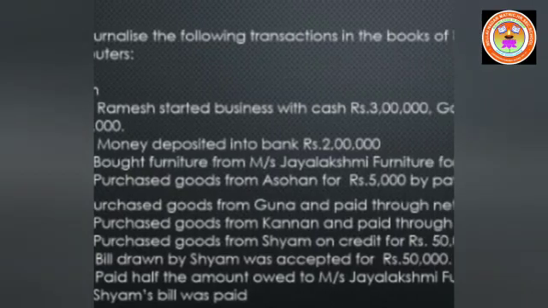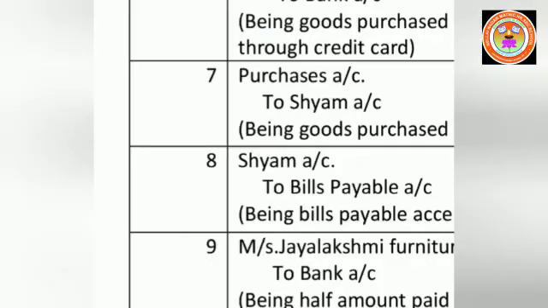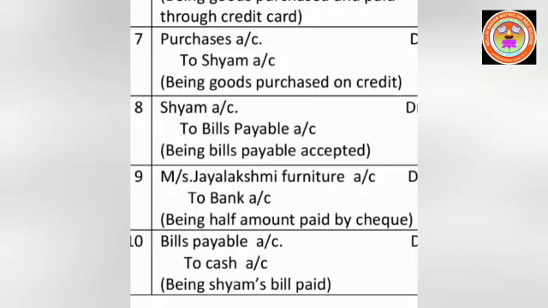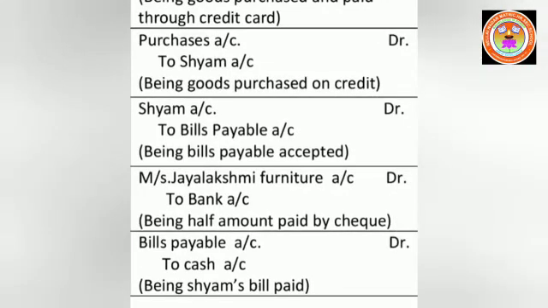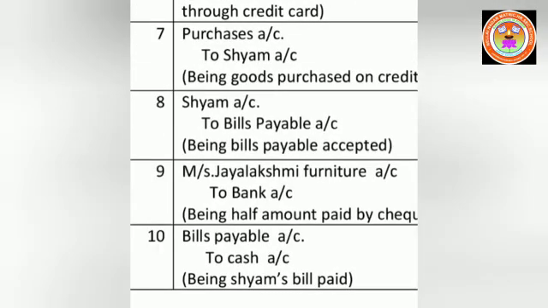Bill drawn by Shyam was accepted by Ramesh. March 8. Who is the giver of that bill? Here Shyam gives the bill to Ramesh, so Shyam is the giver. Here we are using personal account rule. Shyam account debtor. Your bills payable: you have received bills drawn by Shyam.